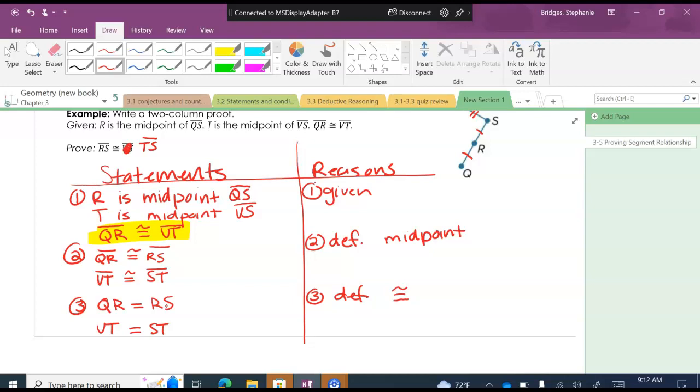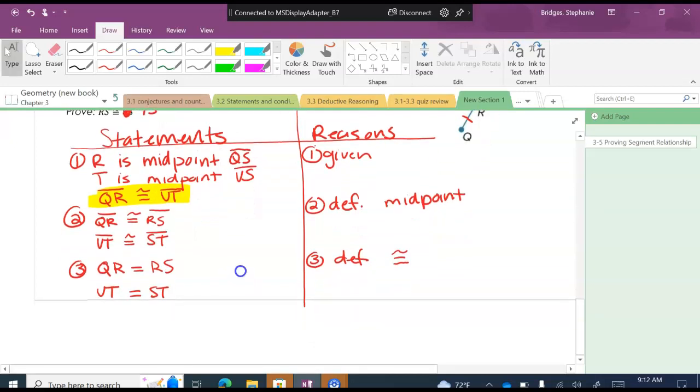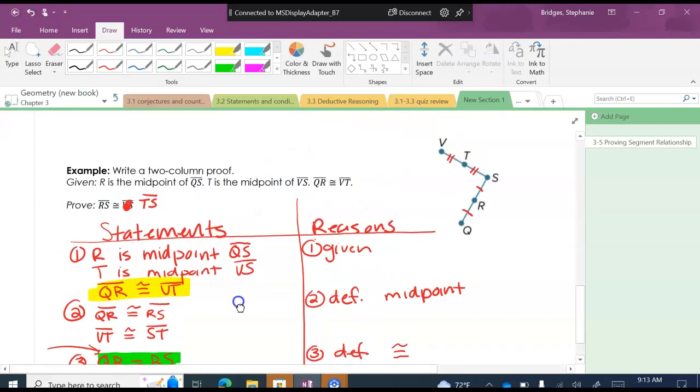All right, so now that we fixed my mistake, and I'm sorry about that, I was not paying attention to what I was doing. QR and VT are congruent. What else is QR congruent to? RS. So can I, in this statement right here, put VT instead of QR? No. Where am I trying to go?